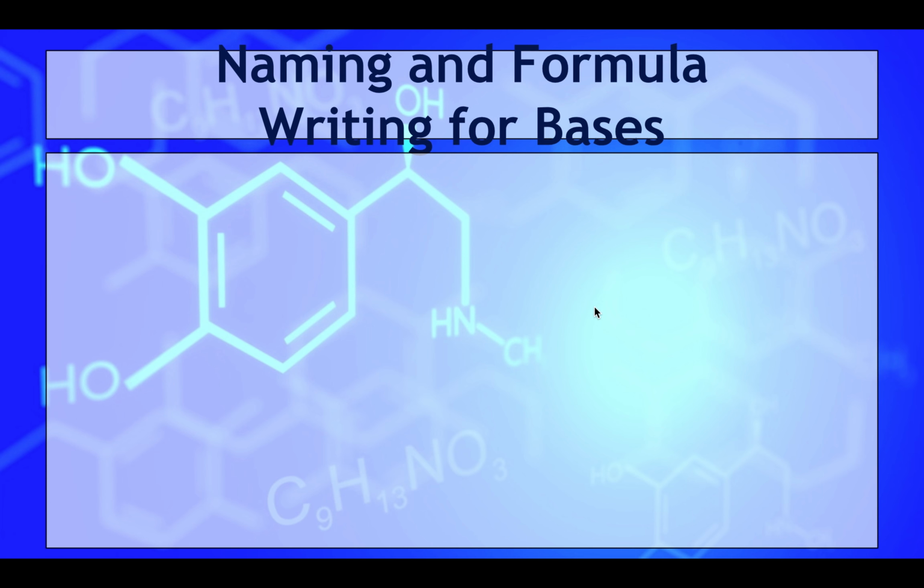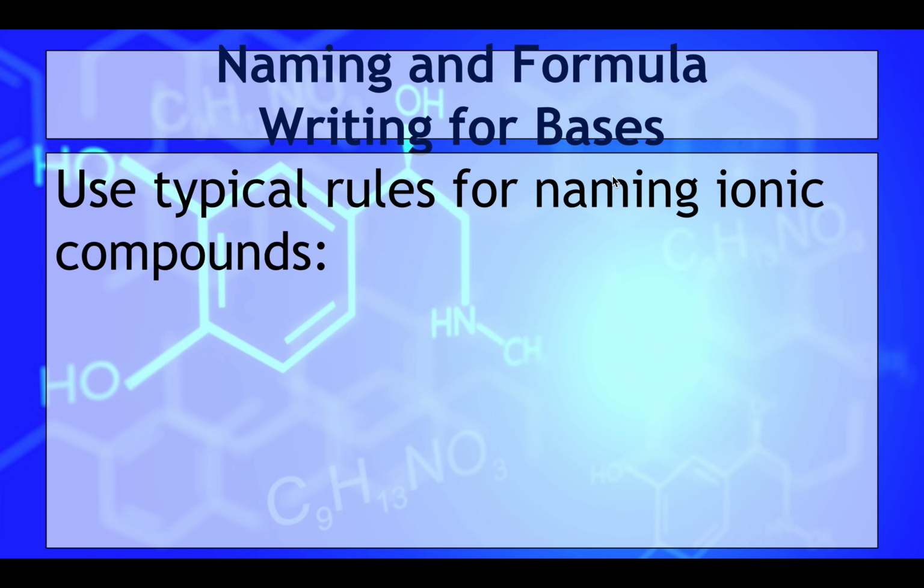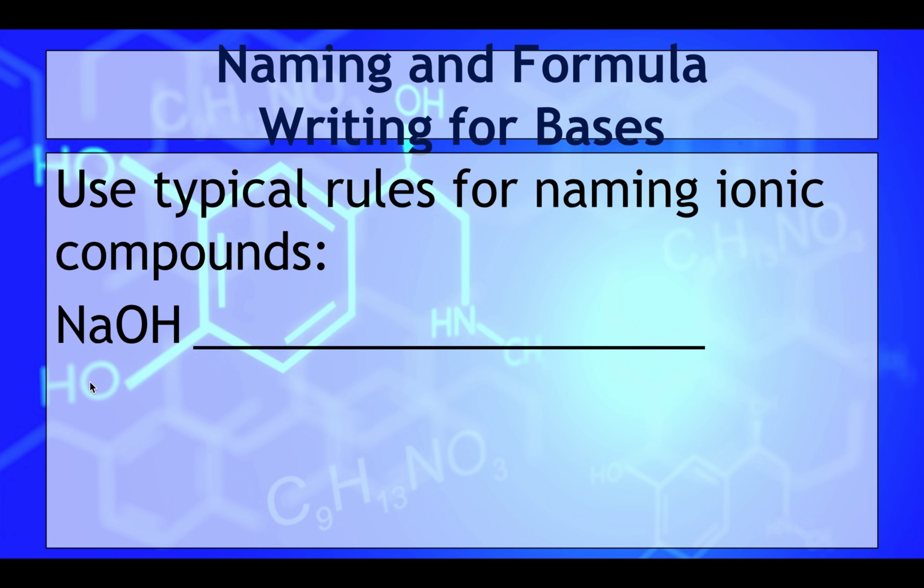Name writing and formula writing for bases. You're going to use the typical rules for naming ionic compounds. Remember, we're also going to be dealing with charges when you're trying to go from the name of a compound to its formula. So NaOH would be sodium hydroxide.